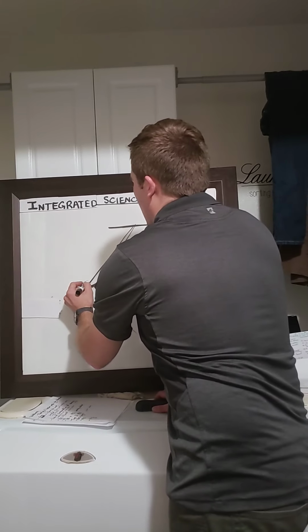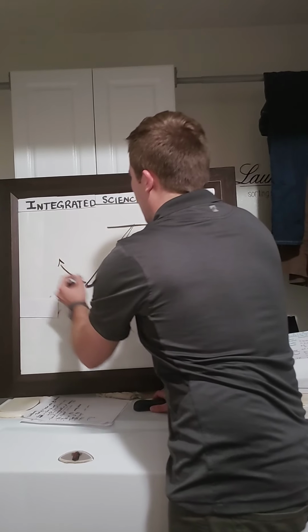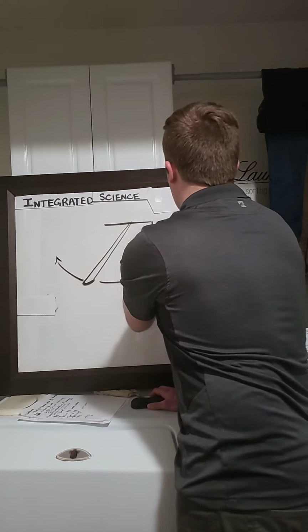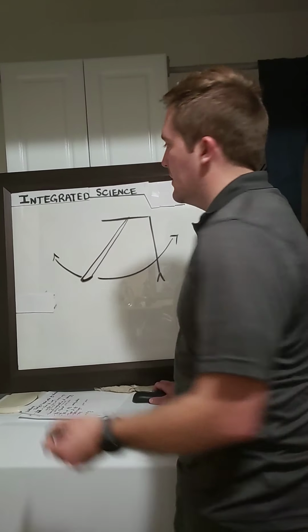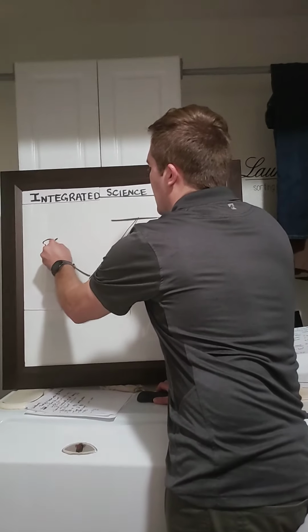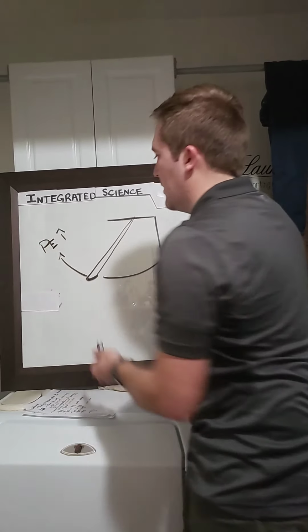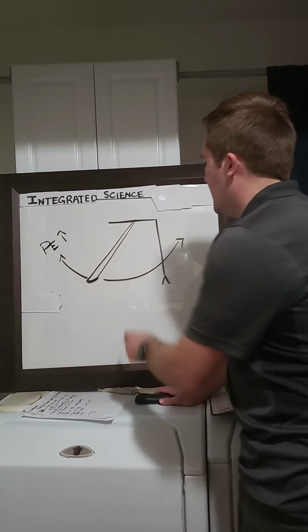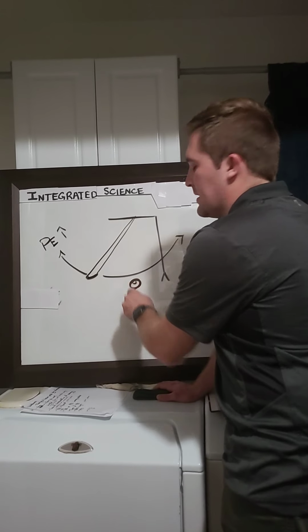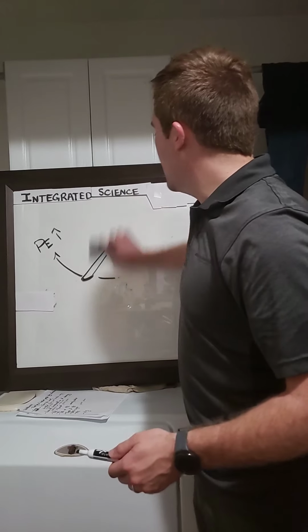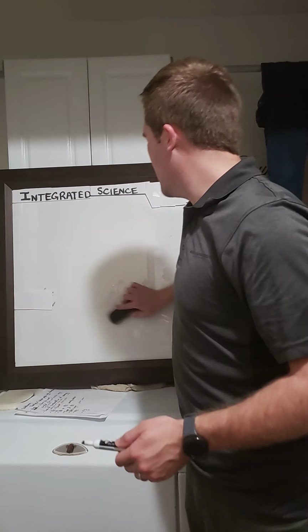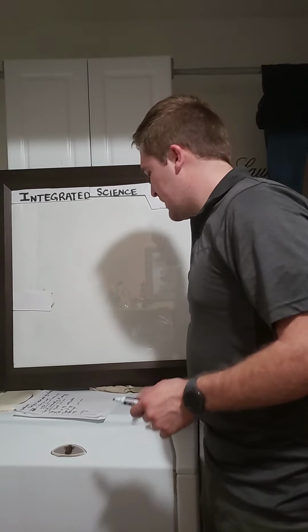Anyways, when we are at our highest point up here, or over here, our potential energy will be at its greatest. Okay, potential energy is at its greatest, which means kinetic energy is at its lowest. But down here at the bottom is when we're going our fastest. That's when our kinetic energy will be at its greatest. All right, these all are examples from the book, so be reading your textbook.